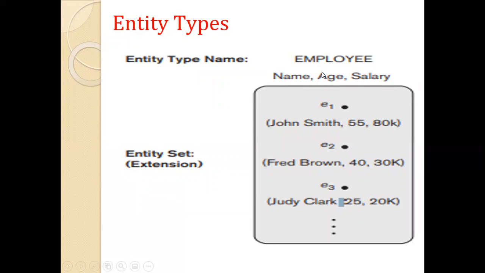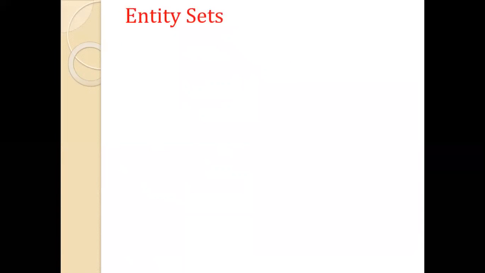If I want to define a student entity type, then we have to include all the entities with similar attributes like USN number of the student, name of the student, semester, department. So like this, we have to define entities with similar attributes, and those values are referred to as entity set, and the set of entities are referred to as entity type.